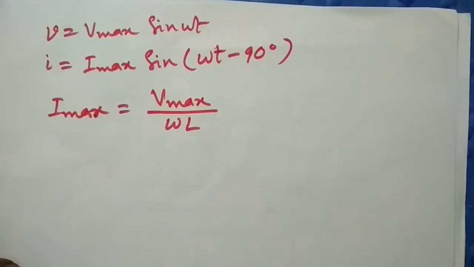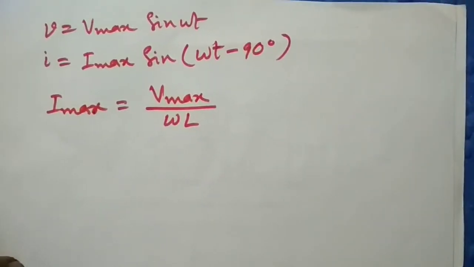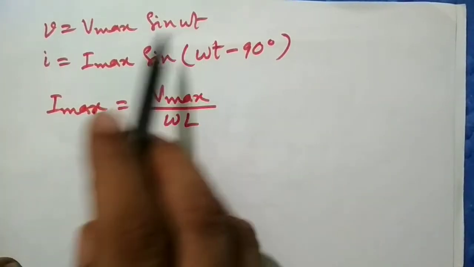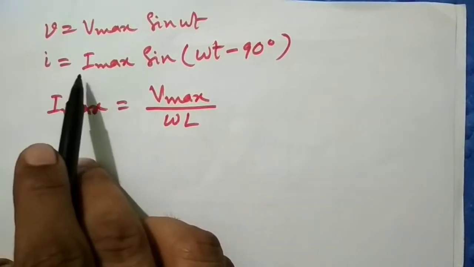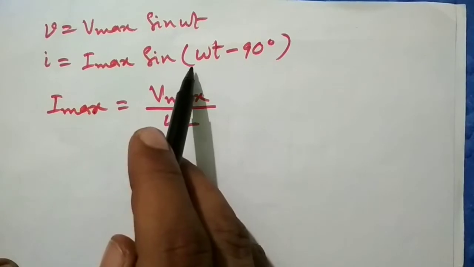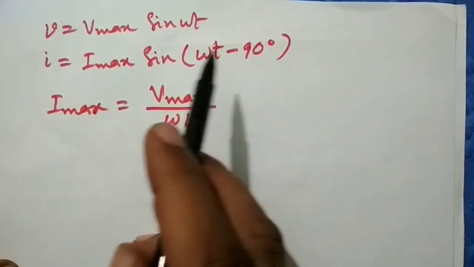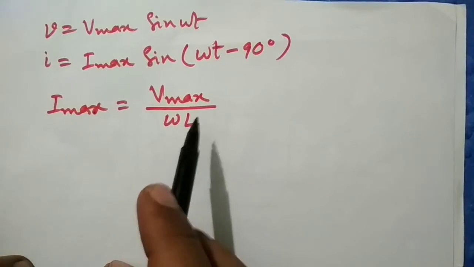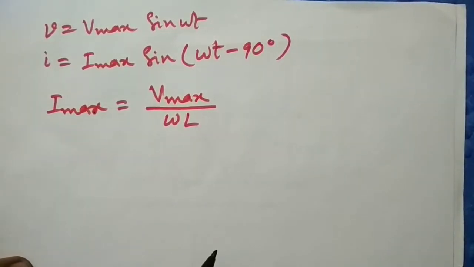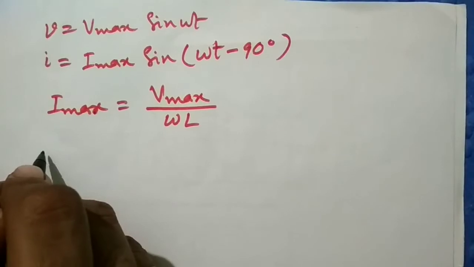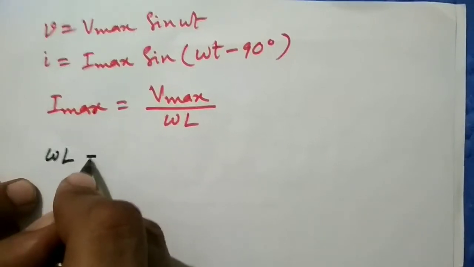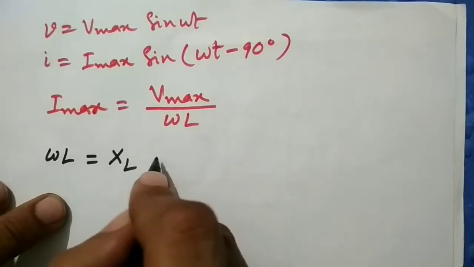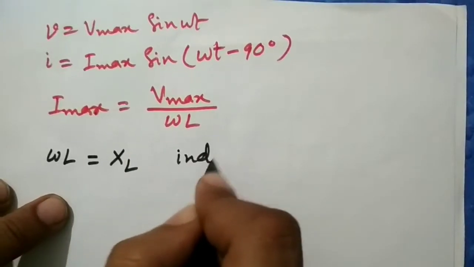So for a purely inductive circuit, if V equal to V max sine omega t is applied, the corresponding current in the circuit will be I max sine omega t minus 90 degree, where I max is equal to V max upon omega L. Now, the value of omega L is considered as XL, that is called inductive reactance.